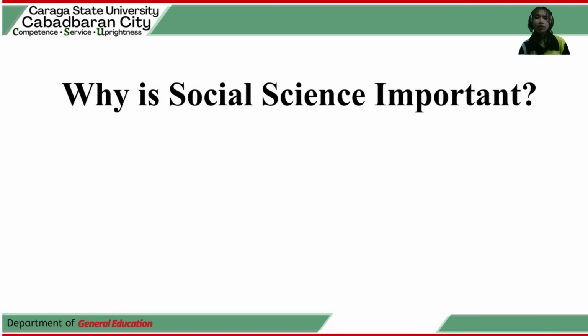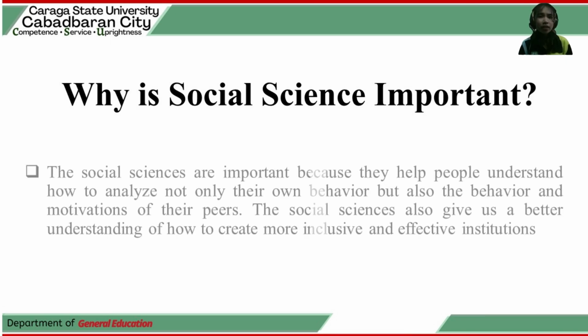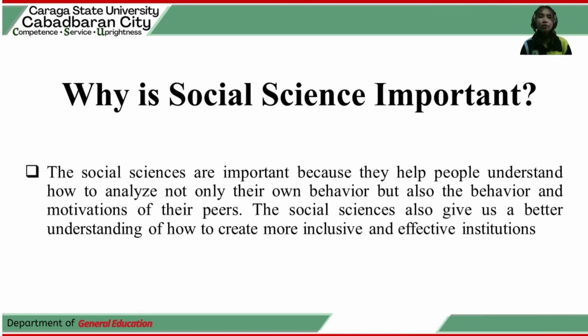Why is social science important? The social sciences are important because they help people understand how to analyze not only their own behavior but also the behavior or motivations of their peers. The social science also gives us a better understanding of how to create more inclusive and effective institutions.